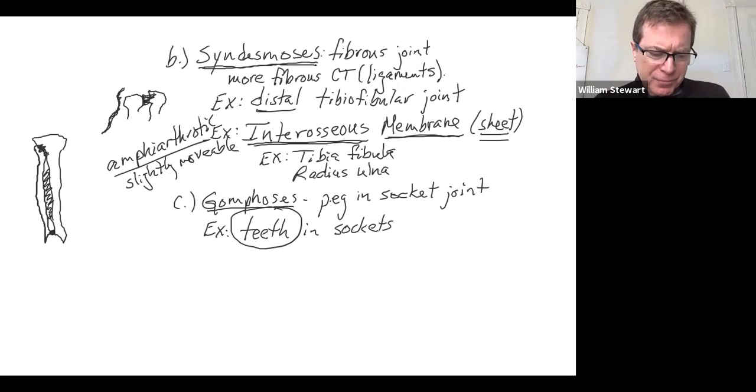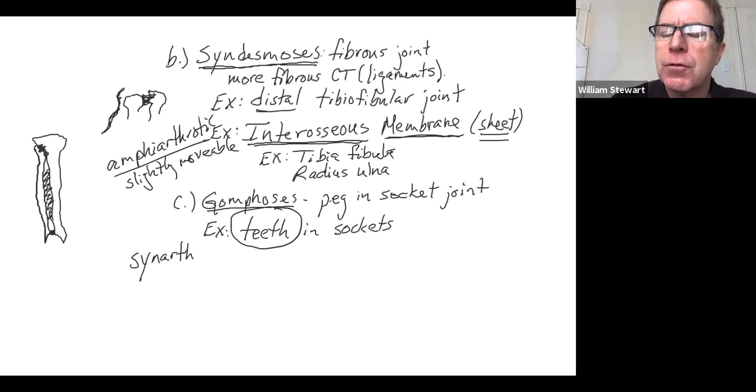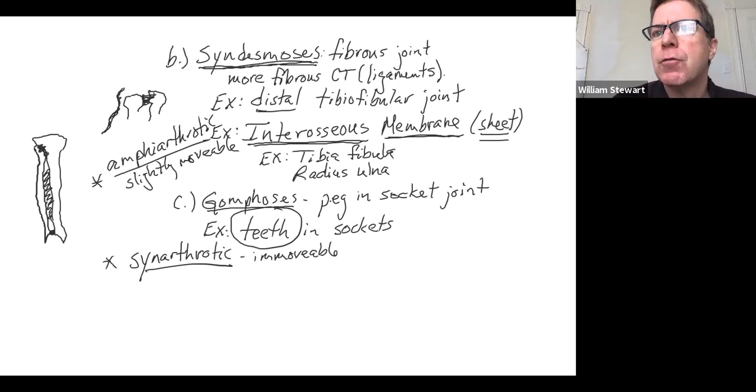Even our gomphoses are also, well, they're technically synarthrotic, so it depends, again, on what source you read, but let's just call them synarthrotic, immovable. So we're using those functional or degree of mobility classifications in addition to their structural classifications, okay?